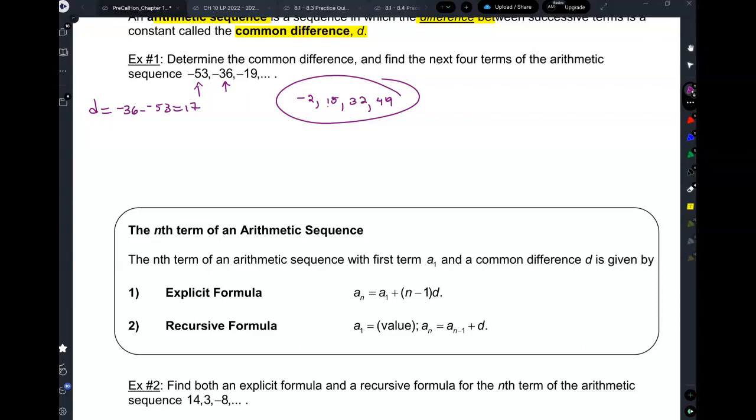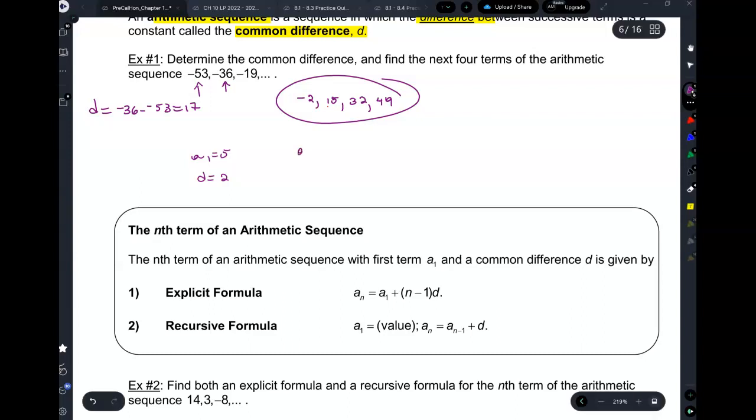So here's what we're going to do. Suppose you have a sequence, and the first number is 5, A1 is 5, and D is equal to 2, right? So what would the numbers be then?